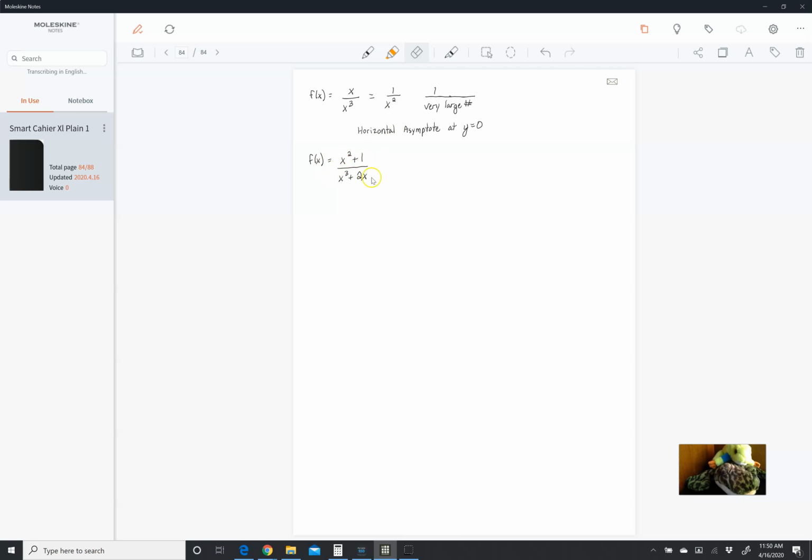The plus 1 is insignificant. It doesn't change a very large number. The same thing is true of plus 2x. A very, very large number cubed plus 2 times that number, well, the very large number cubed dominates, okay? The plus 2x becomes insignificant compared to the x cubed. So we can ignore them.